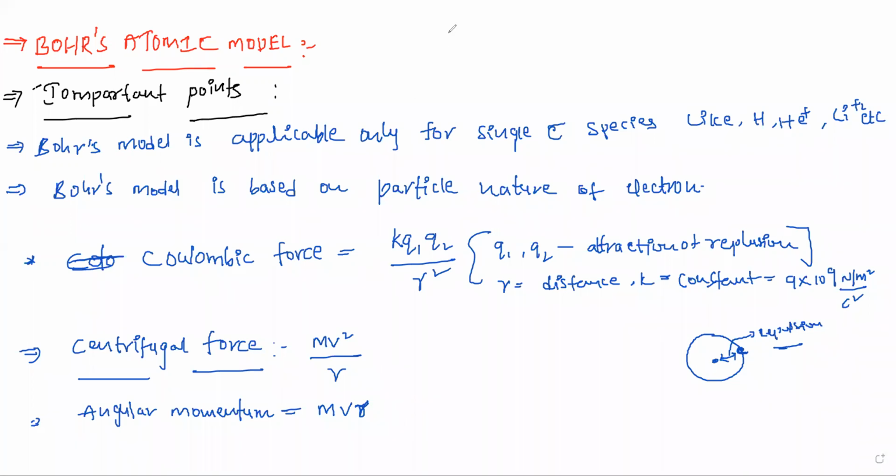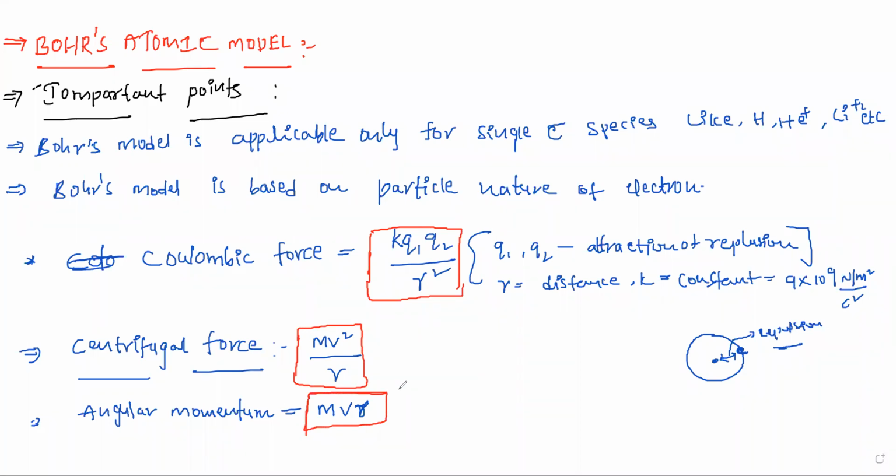You have to remember these formulas to understand Bohr's atomic model and its applications. The first one is Coulombic force, the next one is centrifugal force mv square by r, and angular momentum is nothing but mvr.